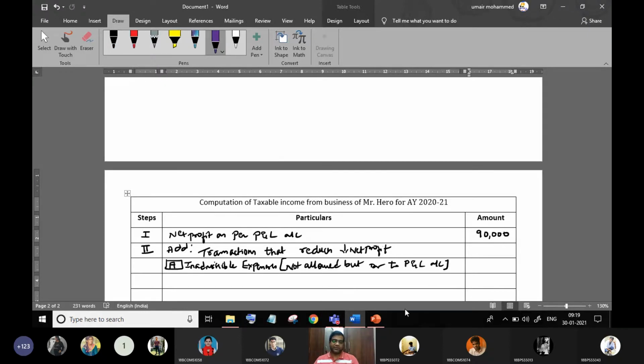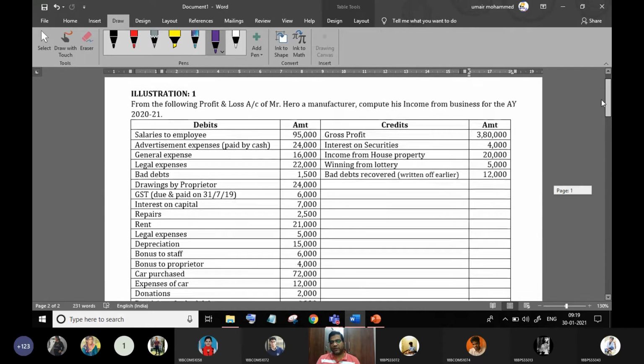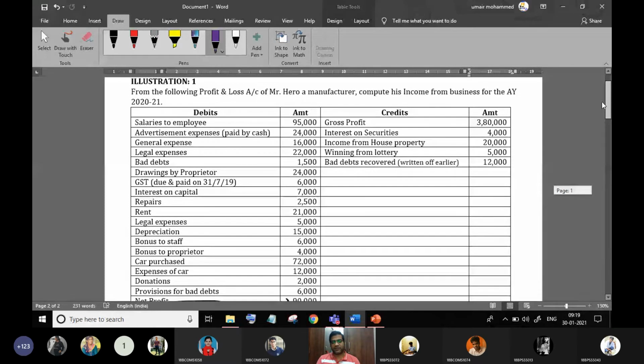Inadmissible expenses are those expenses which are not related to business, and which are also not allowed by the income tax department. So let's look at the question and identify the list of all inadmissible expenses.